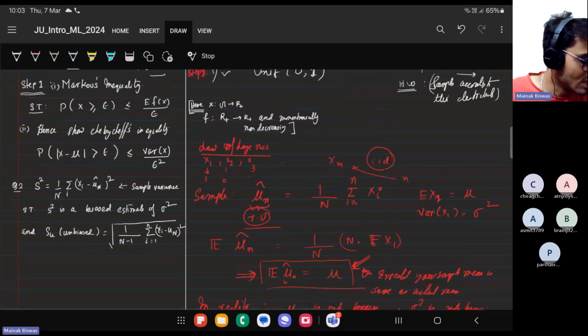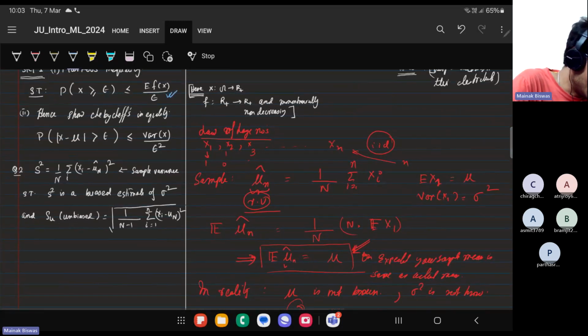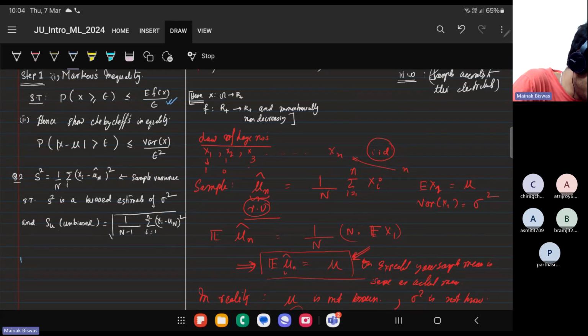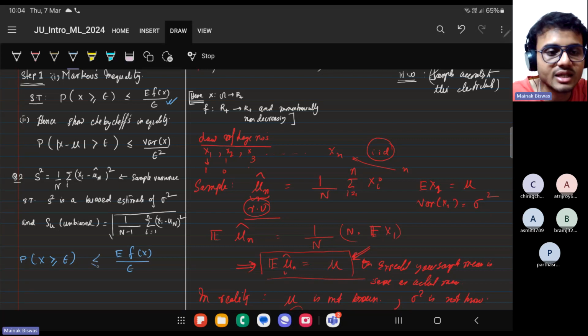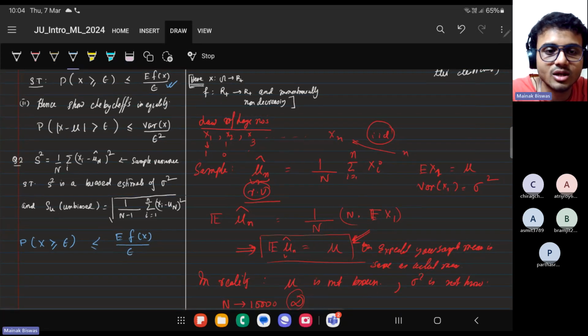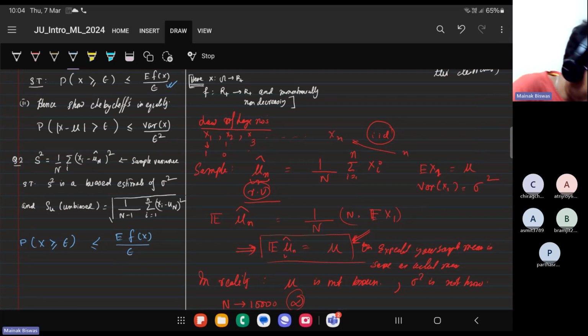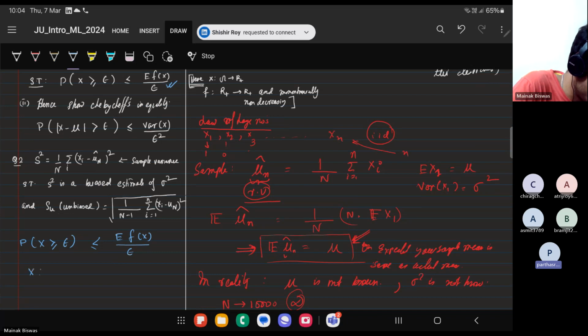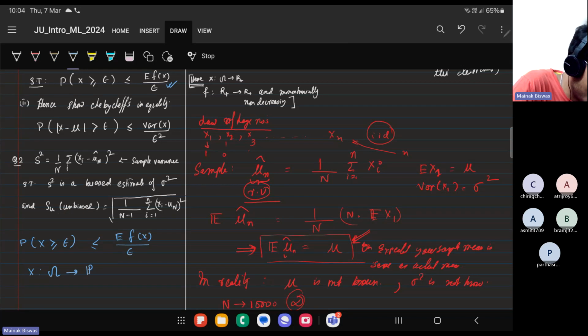To do that, I'll show you a simple inequality, also known as the Markov inequality. The inequality is very useful, just keep an eye out for this. The probability that a random variable is greater than epsilon is less than or equal to the expected value of f of x divided by f of epsilon, where x maps from the sample space to the real number line.